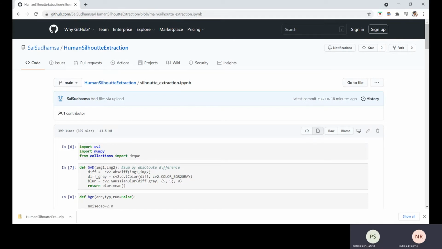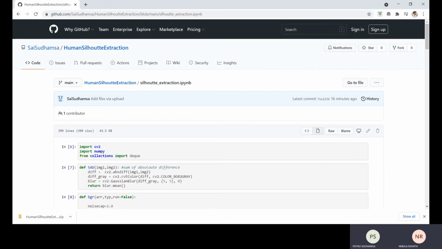So let's begin. The first function that I have written is called SAD, sum of absolute difference. What it does is it takes every frame, converts it into grayscale, blurs it, and takes the mean of all the pixels.